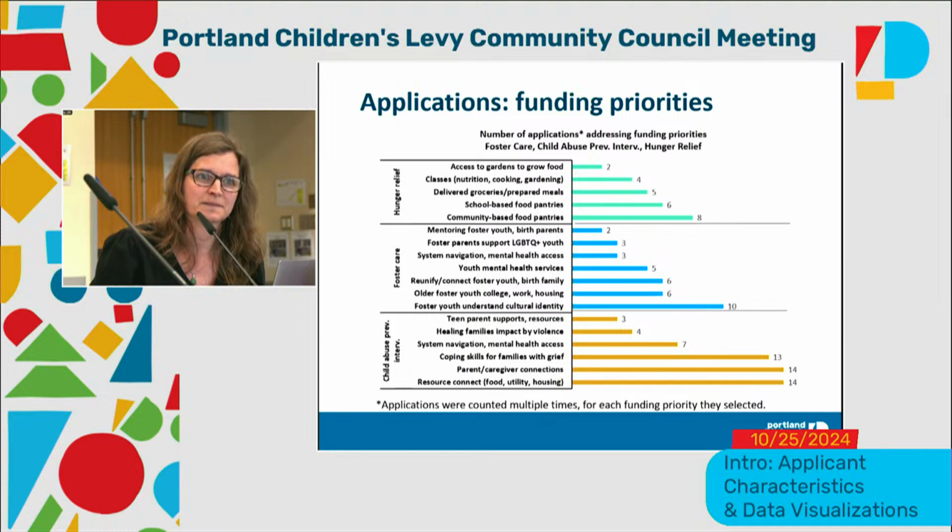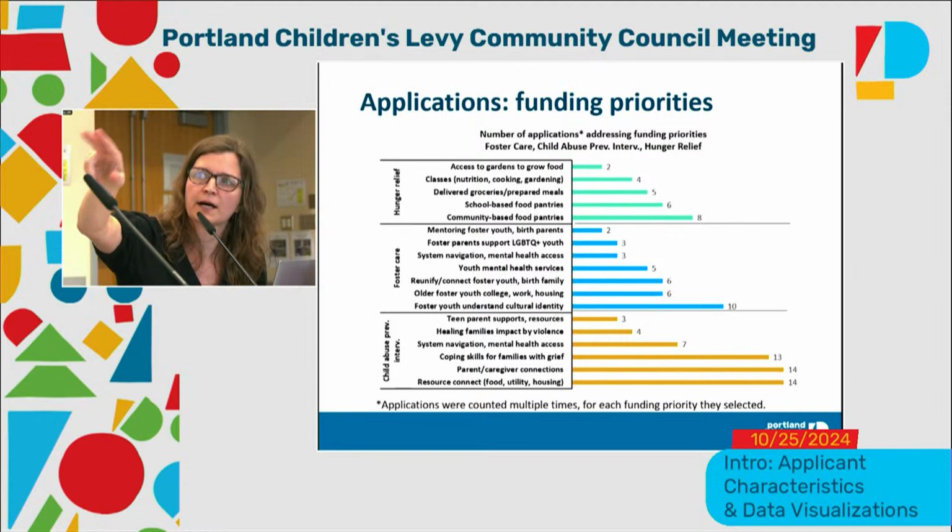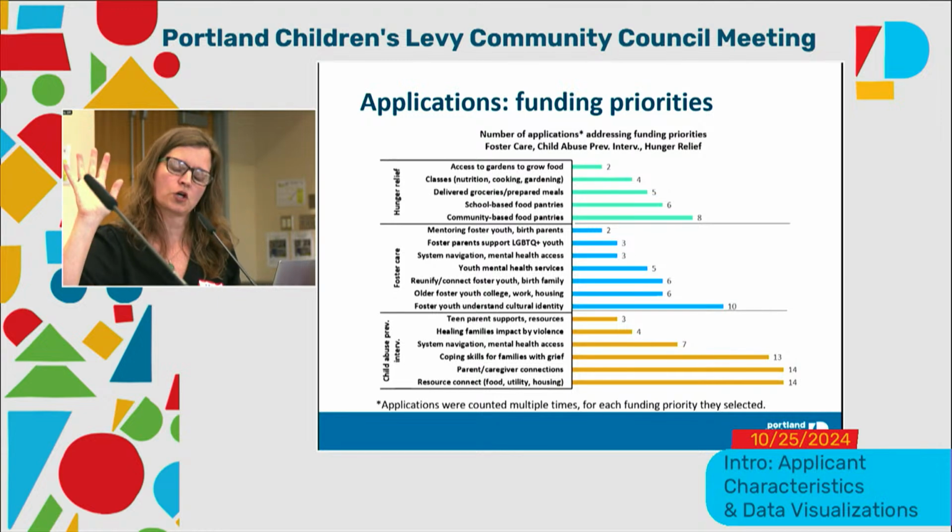Is that? They're not ranked, are they? No, they're not ranked. This is essentially telling you that in a single program area, let's look at child abuse, 14 applications are proposing to address the funding priority that's on the bottom there. No, there's no ranking.